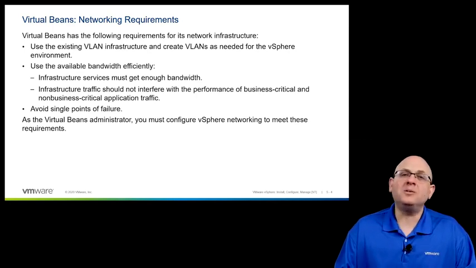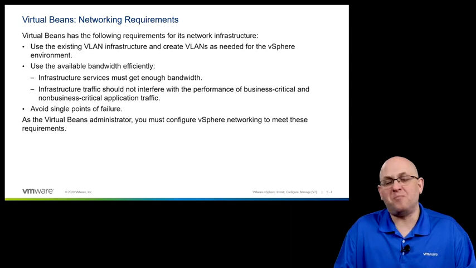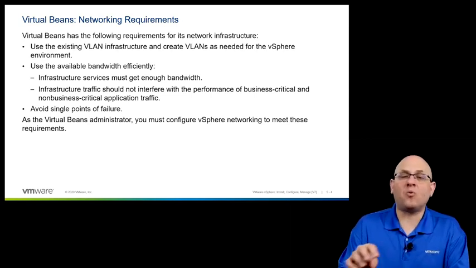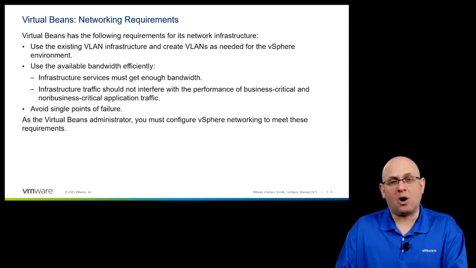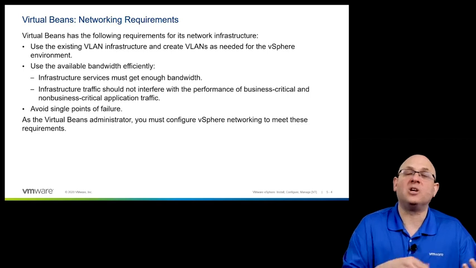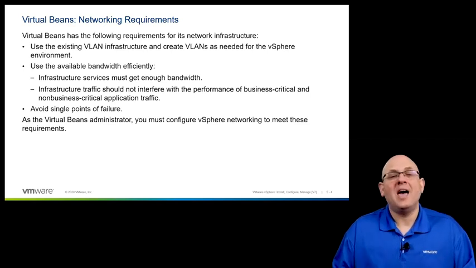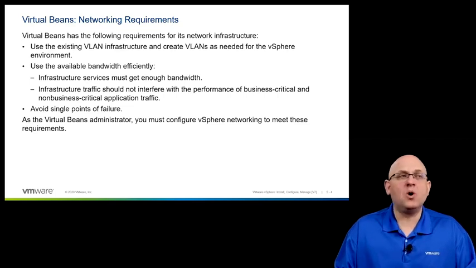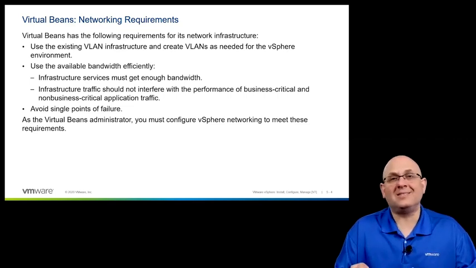that. We also need to consider the availability of bandwidth in the environment, making sure that the services that we are running networking for, things like IP-based storage versus virtual machine communication, that all of those different services have the bandwidth that they need. Okay? And we want to make sure that those different services don't interfere with one another.